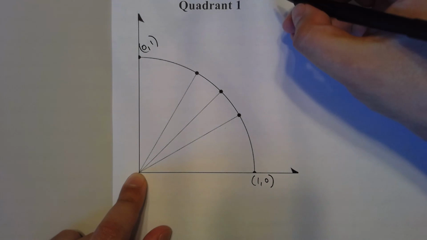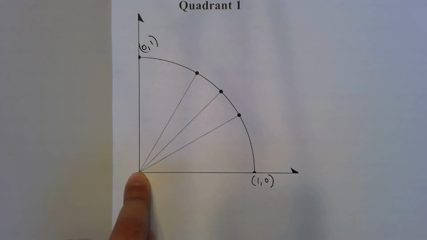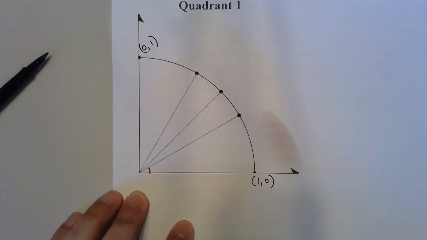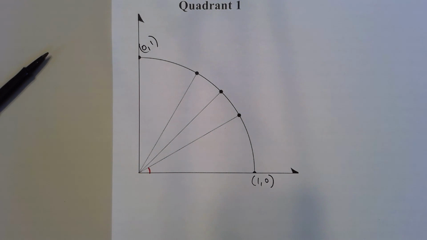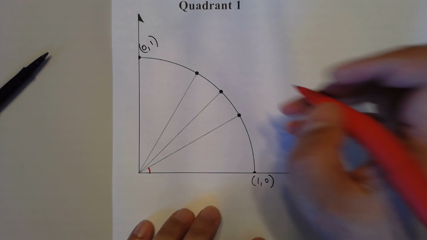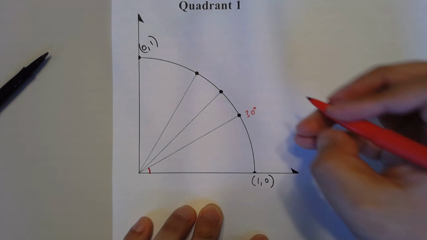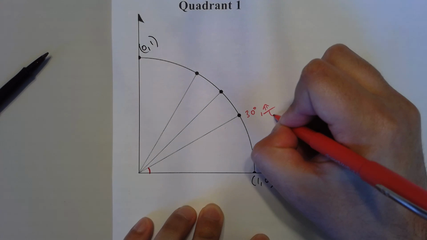So the first angle that we're going to see is this angle here. That angle is 30 degrees. As radians, 30 degrees is pi over 6.